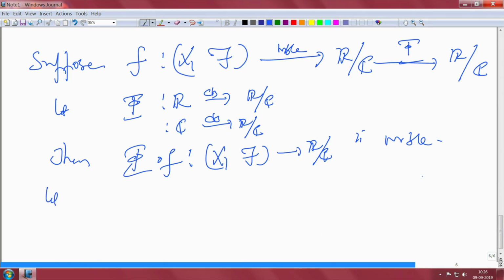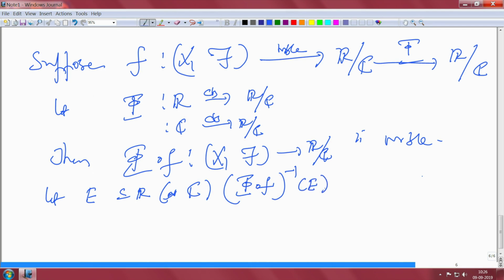So let's take some set E inside R or the complex plane, and we look at the inverse image, phi composed with f inverse of E. We don't need to take any Borel set, remember, because we need to take only open sets.